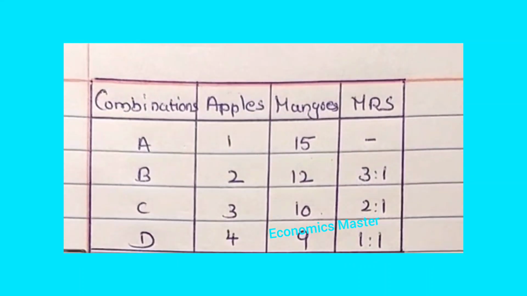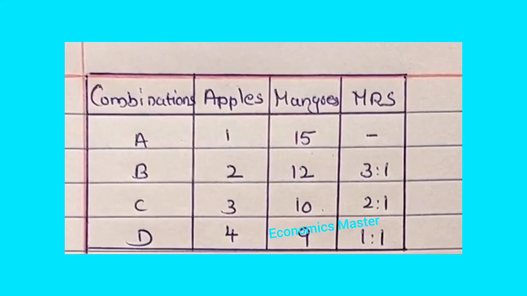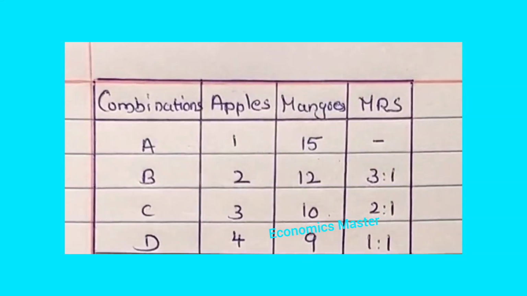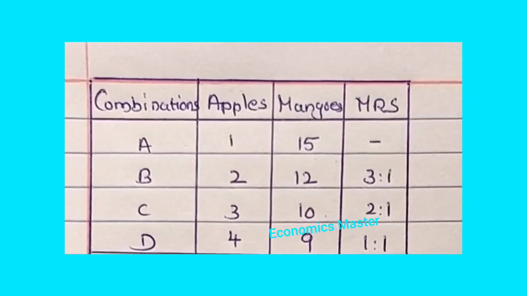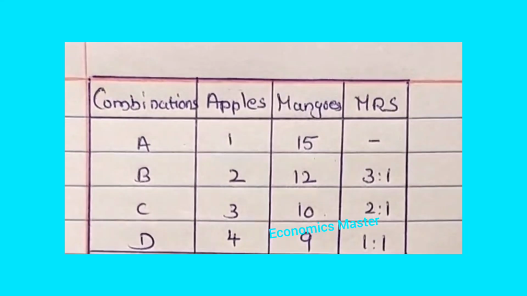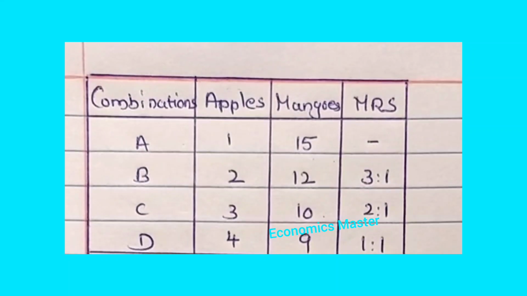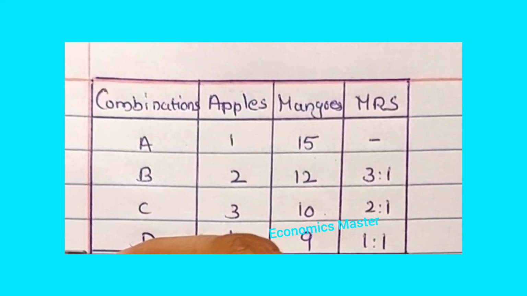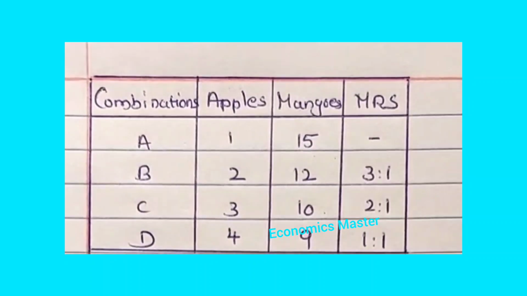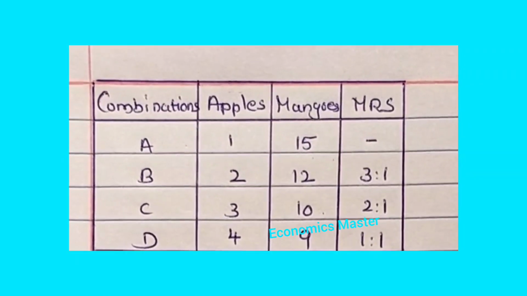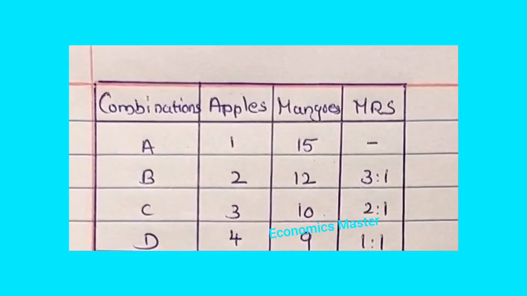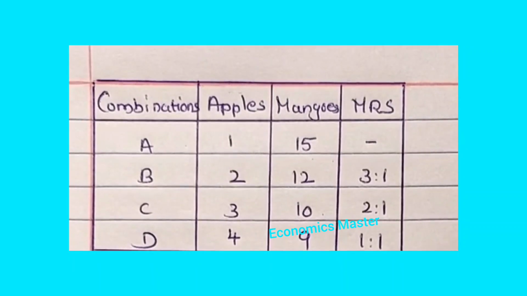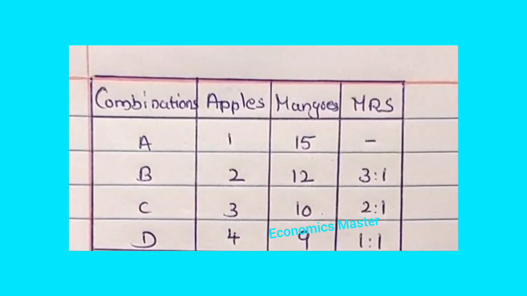Going from point A to B, he sacrifices 3 mangoes, that is 15 minus 12, for 1 apple. Then from point B to C, he sacrifices 2 mangoes, that is 12 minus 10, for 1 apple.